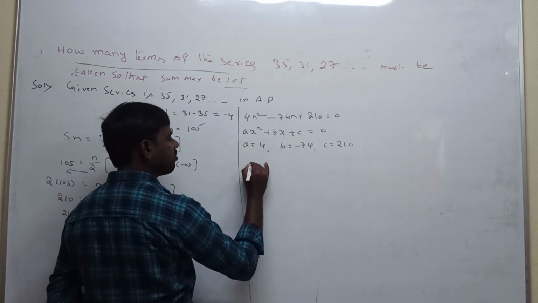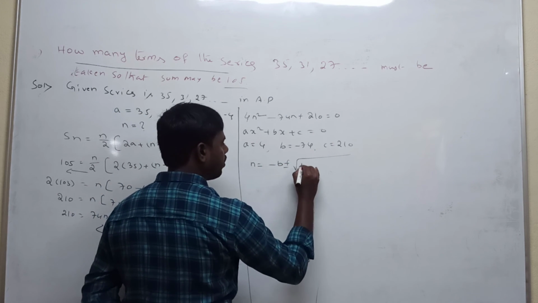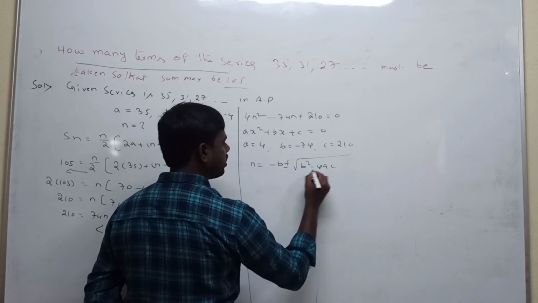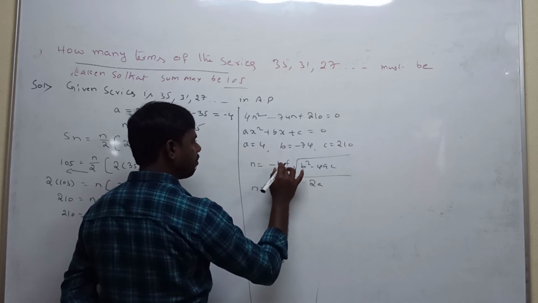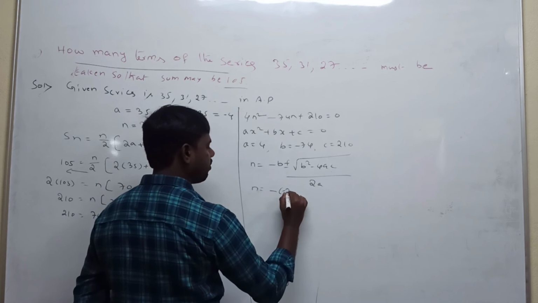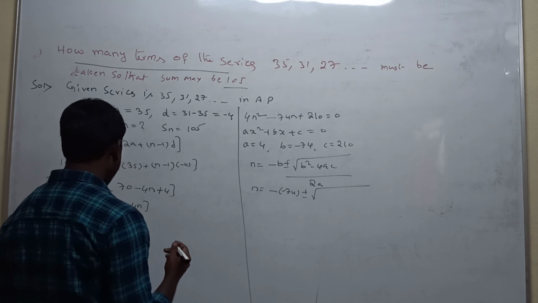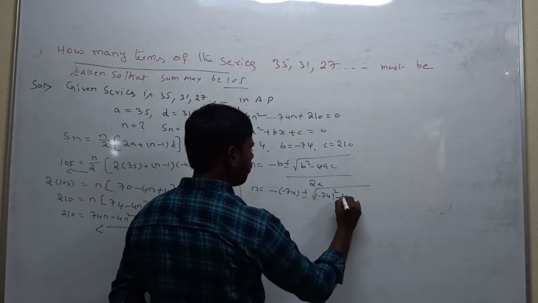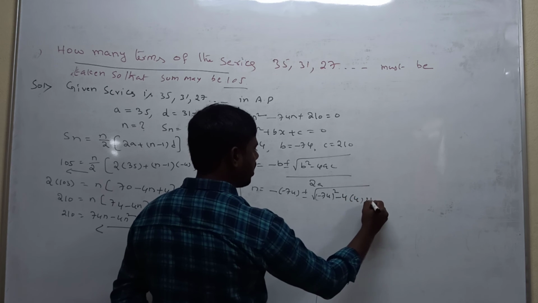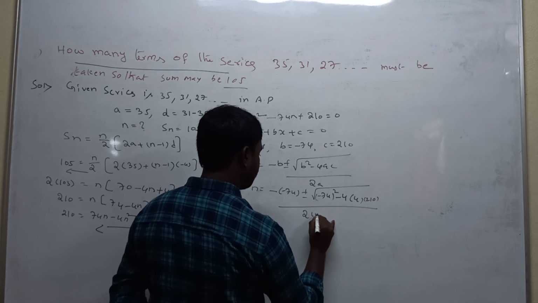Substitute into the roots of the equation formula: n is equal to minus b plus or minus square root of b square minus 4ac, by 2a. So n is equal to minus, what is the b value here? Minus 74 plus or minus square root of 74 whole square minus 4 into a value 4, c value 210, divided by 2 into a value 4.